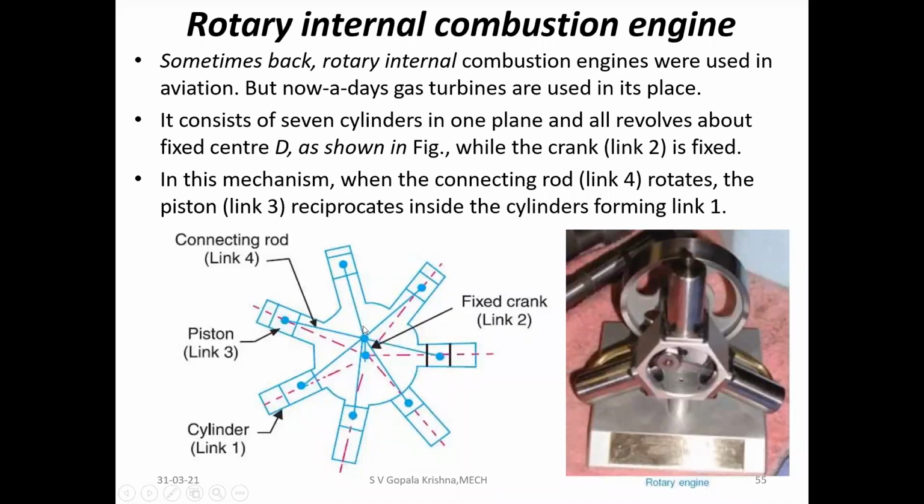That's why we generally use it for aeroplanes or helicopters, whatever it may be, where the power is high. Those places generally use radial engines.